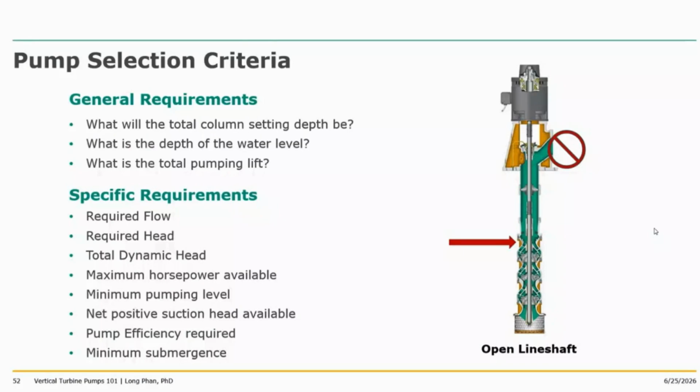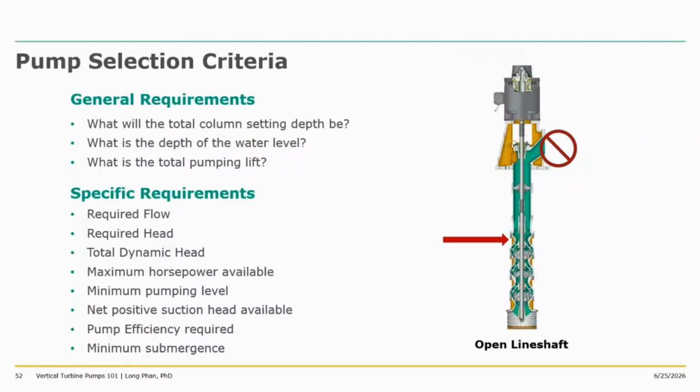The answers to these questions vary from application to application. Therefore, we cannot calculate the head just based on the pressure required at the discharge head to the piping system, but rather at the pump discharge assembly. And for specific requirements, definitely from top down, requirements have to be flow and head.